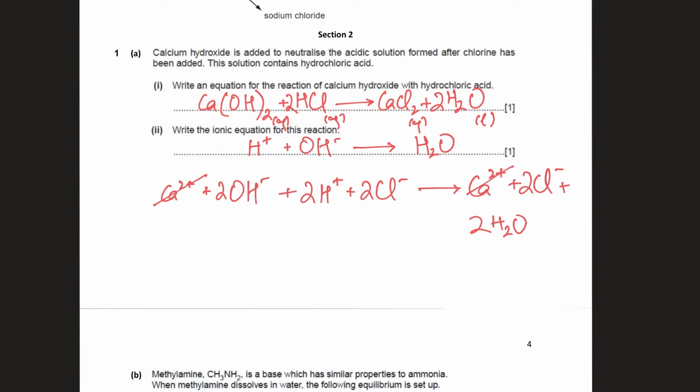So calcium ion cancels, chloride ion cancels. The reason we are doing this is because these are spectator ions. So what you're left with is hydrogen ion and hydroxide ion producing water. I took the 2 out because it was common in all of them. So you can just get this equation.